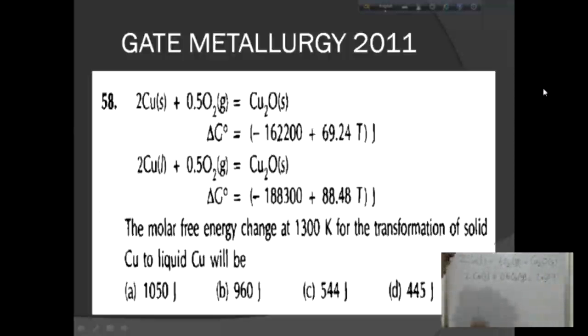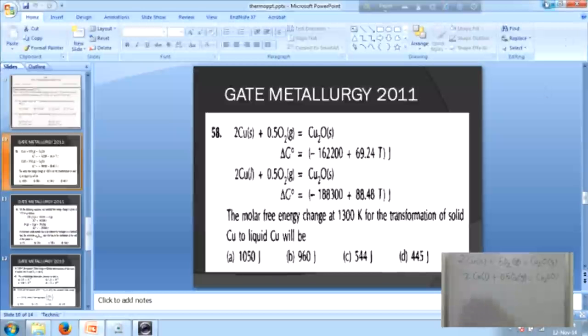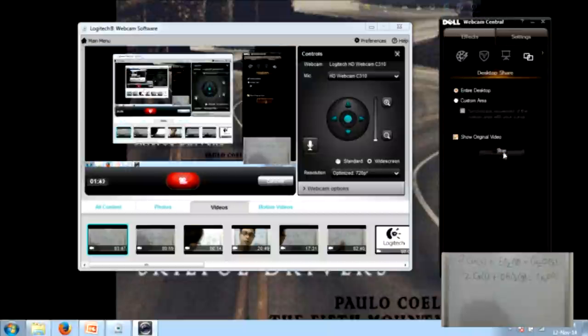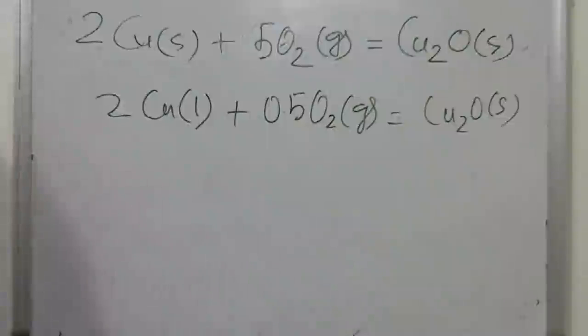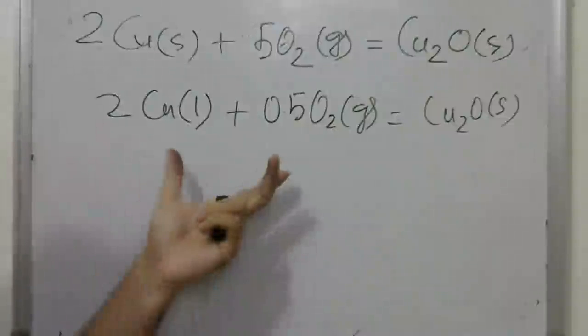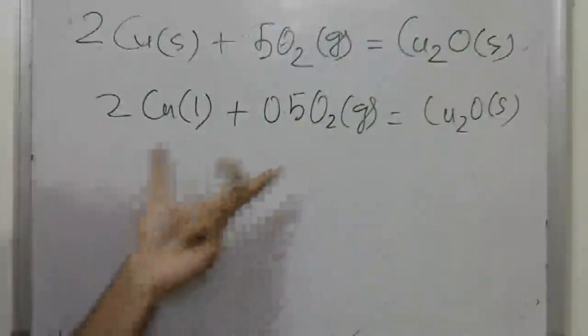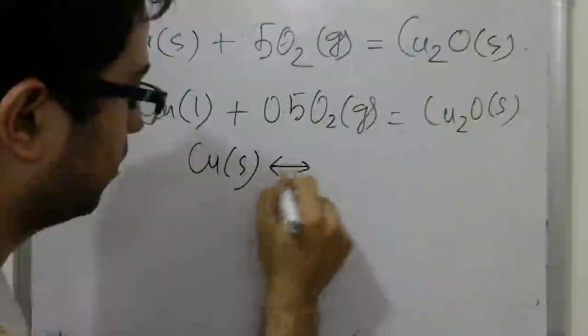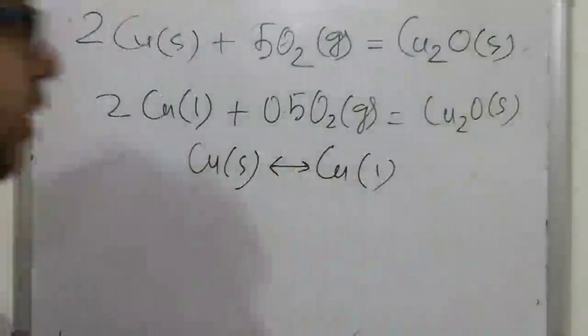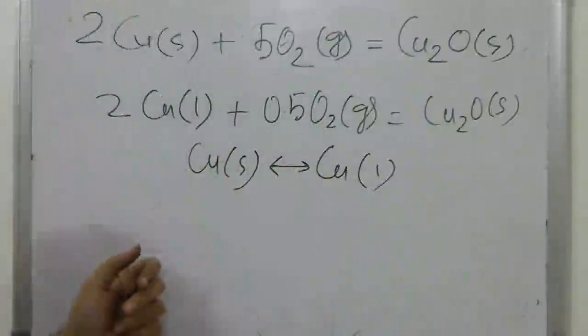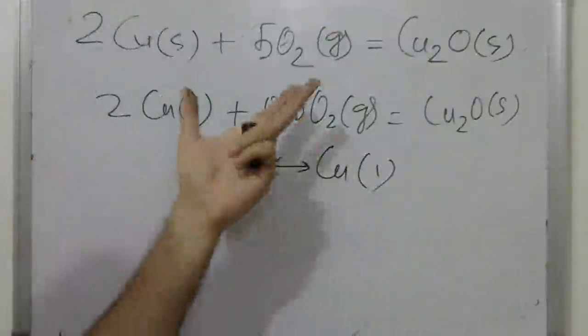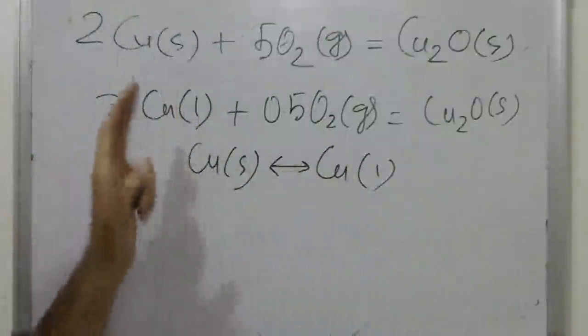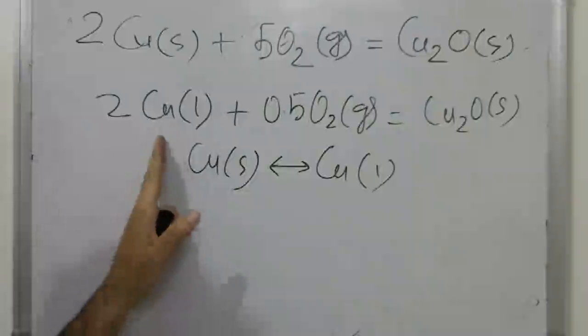Right? Now you have been asked to find the free energy change for solid copper to liquid copper. You see in these two equations, the solid copper is given in one equation and liquid is in the second equation.